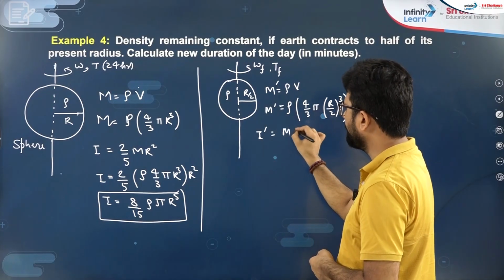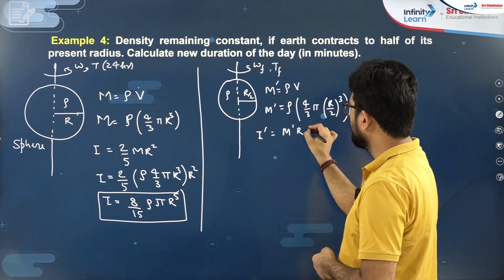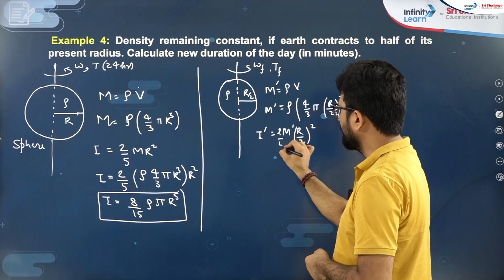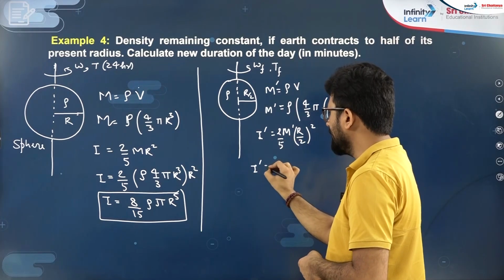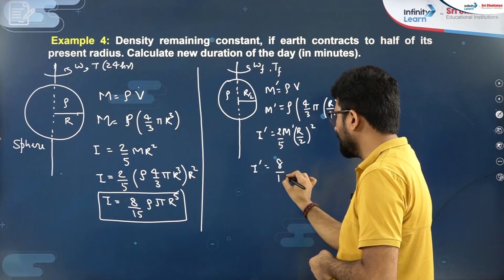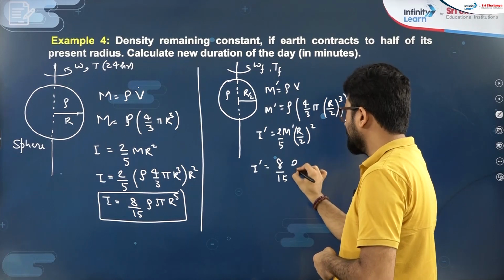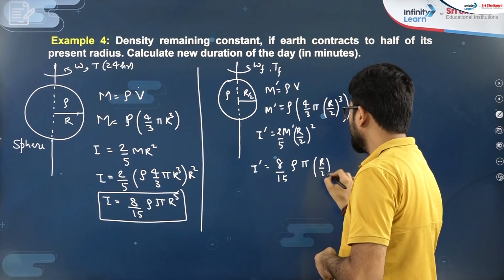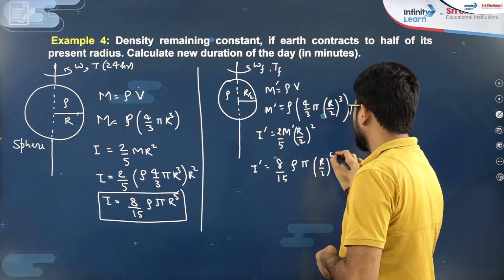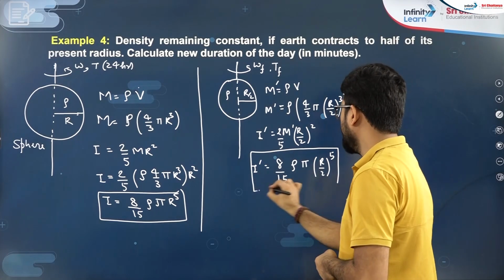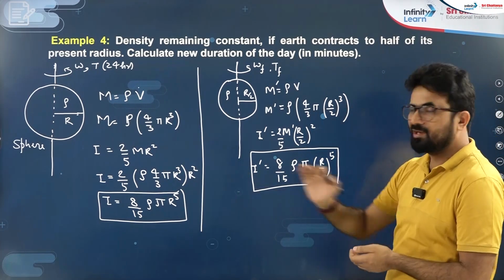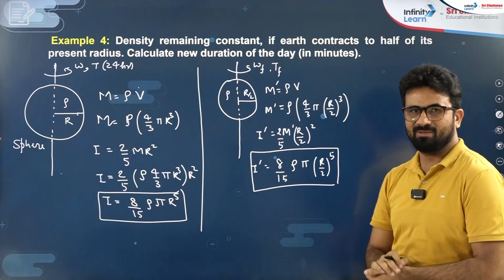You will say m prime into r by 2 whole square into 2 by 5. When I solve it, I can say directly that it is equal to 8 by 15 rho into pi r by 2 to the power 5. This is the second moment of inertia. First moment of inertia we understood, second moment of inertia we understood.